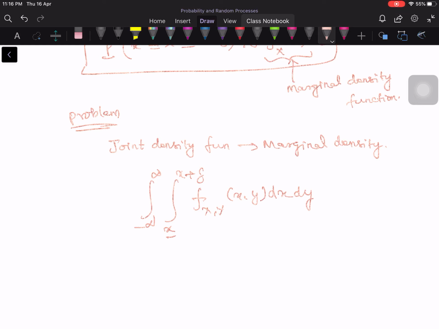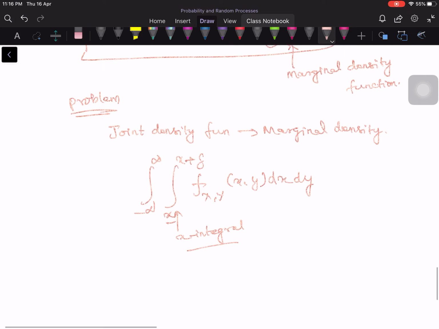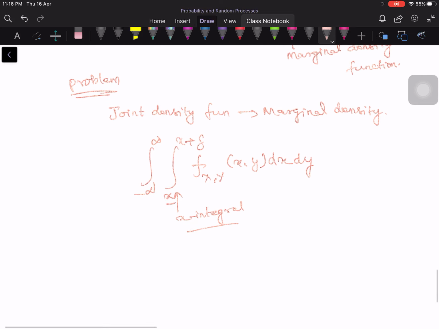So what we do is, for any y, we integrate in this dimension, from x to x plus delta. So this one is the x integral. And then we integrate over the y dimension. First you do the x integral and then do the integral in the y dimension. So what is this inner integral going to be?